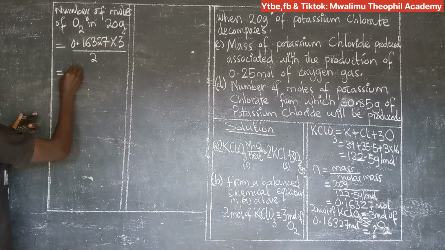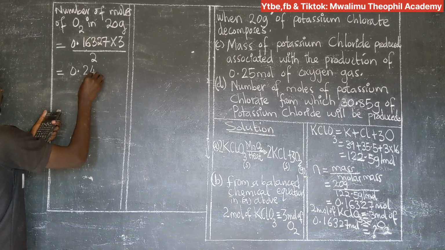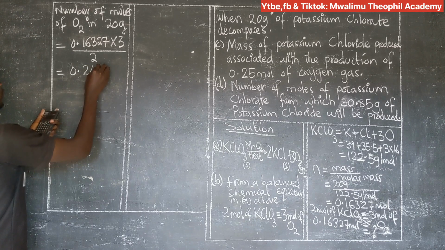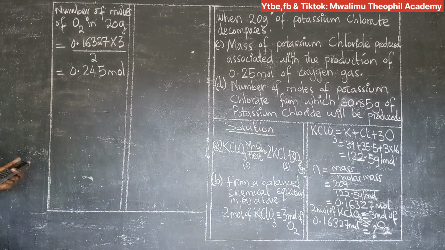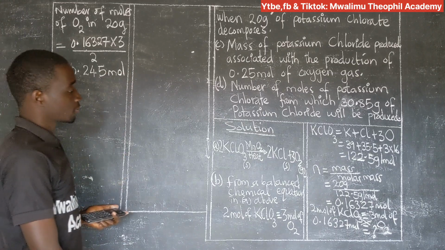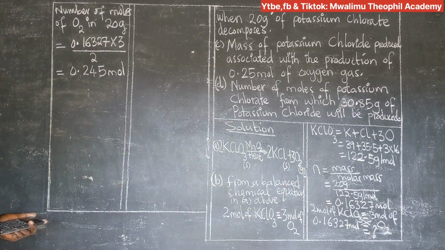We get 0.24245 mole. These are the number of moles of oxygen gas that will be liberated when 20 grams of potassium chlorate decomposes.